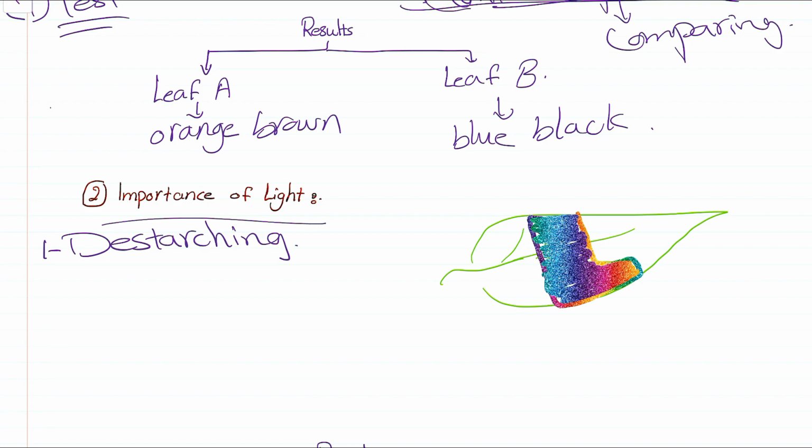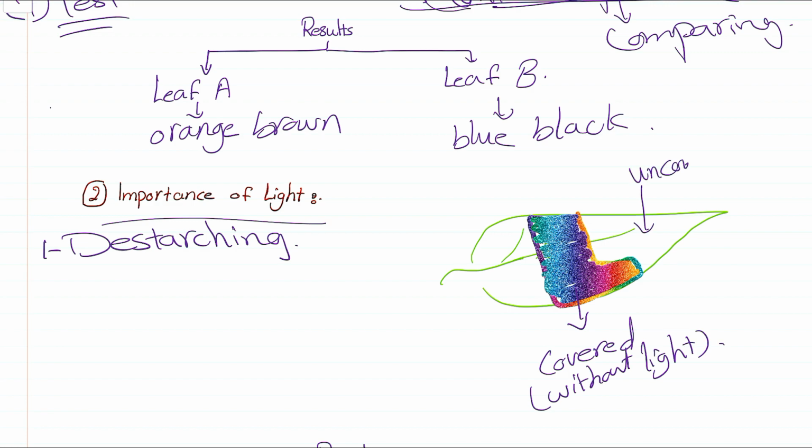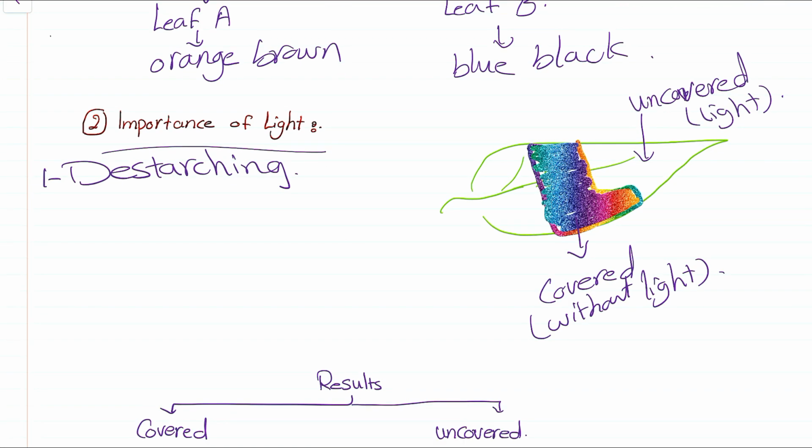So now I have two parts, one covered but without light, and the other one uncovered but with light. Okay, again, leave it for a few hours under the suitable condition for the photosynthesis, and then test for the starch.